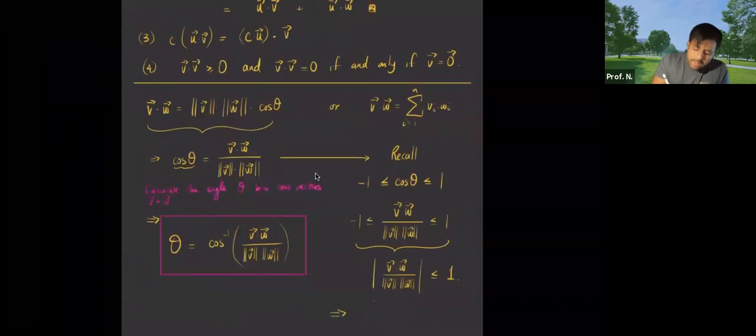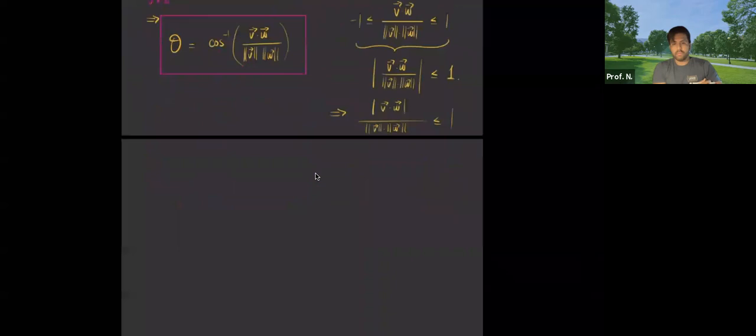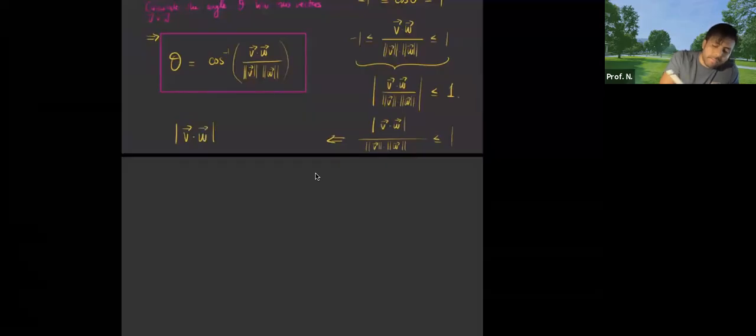I can rewrite this as the absolute value, not the norm, of the dot product divided by the norm of V multiplied by the norm of W is less than or equal to 1. And where am I trying to get to? What I'm trying to get to is the following. From here, I can say that the absolute value of the dot product is less than or equal to the norm of V multiplied by the norm of W.